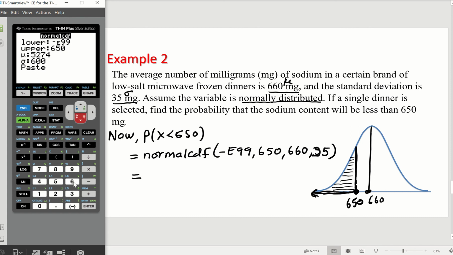The mean is 660. The standard deviation is 35. Select that, paste, enter, and enter one more time. So you'll get 0.3875. So that is the probability that the amount of sodium content will be less than 650 milligrams.